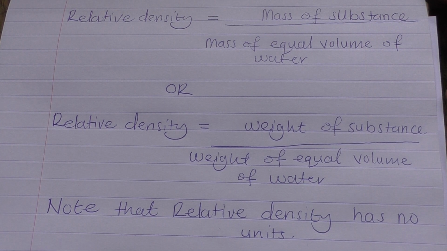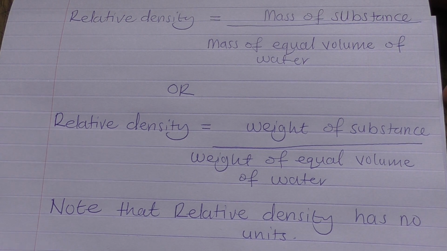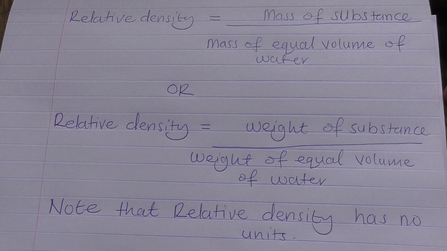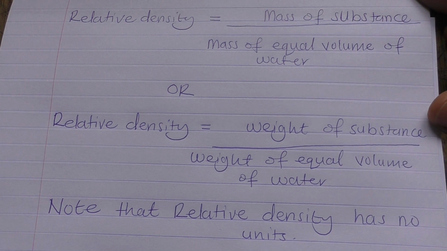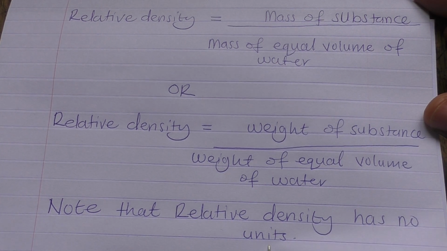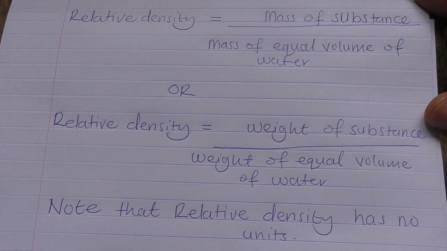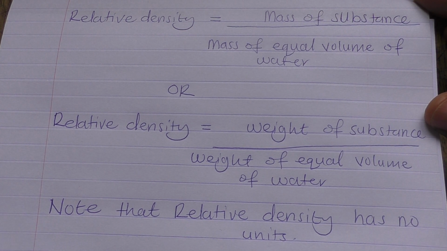So these are the three formulas that we need to know as we look at relative density calculations. However, it is also very important to note that relative density has no units, simply because it is a ratio of the same quantities.